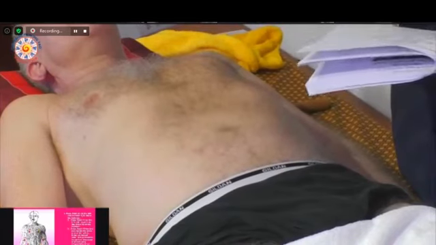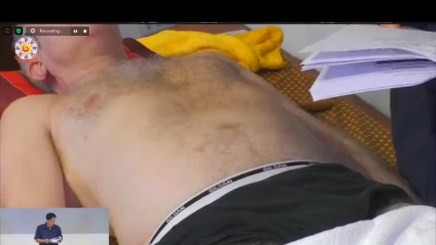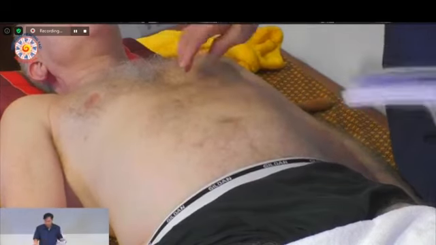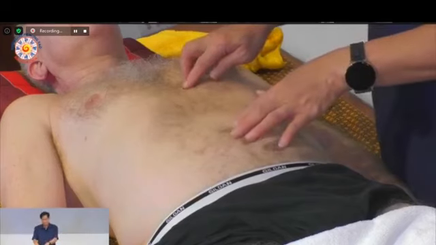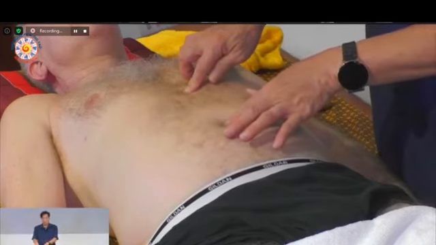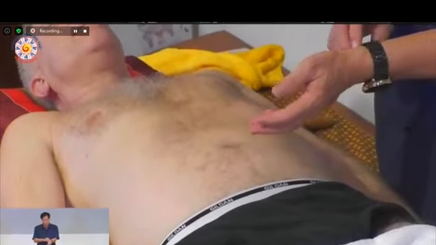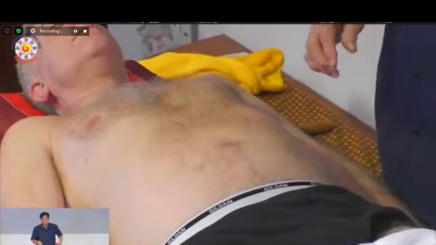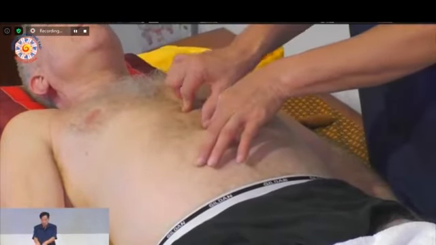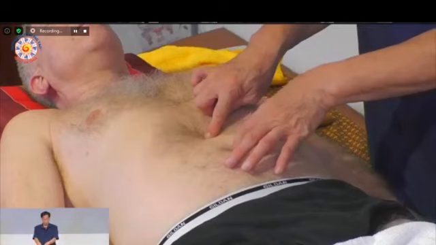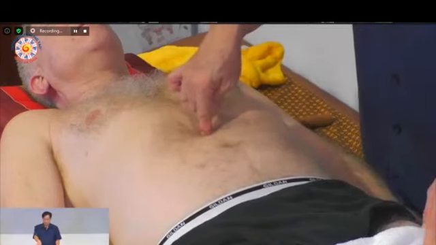And 36, we call the pericardium. When you find the navel and the tip of the sternum, you break in the middle. That is the solar plexus.